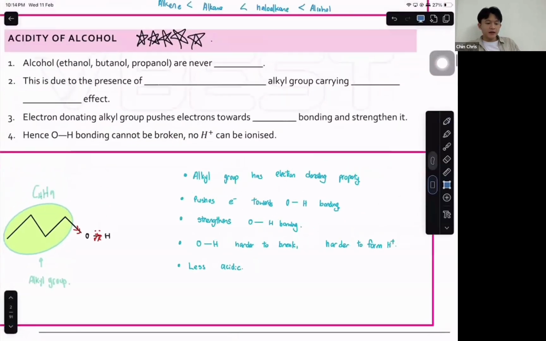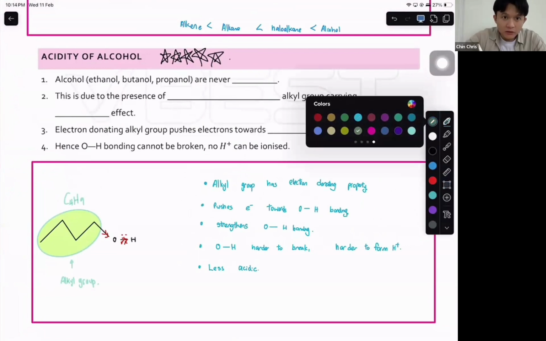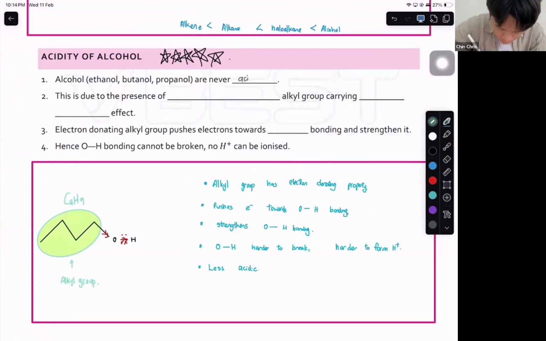Alright, guys, I can say that alcohol are never acidic. Remember, on one reason, you have electron donating alkyl group carrying a positive inductive effect.